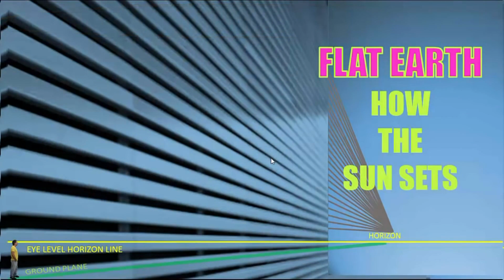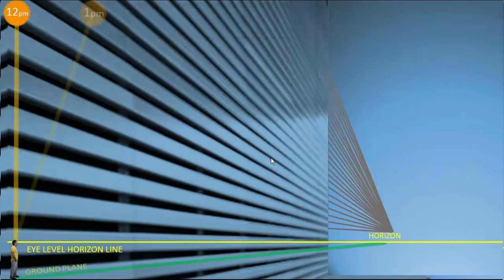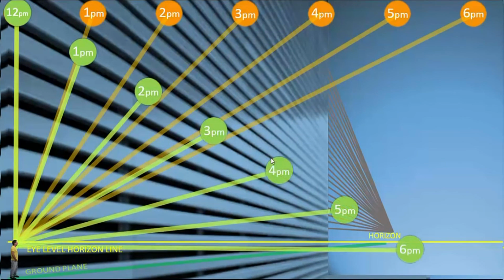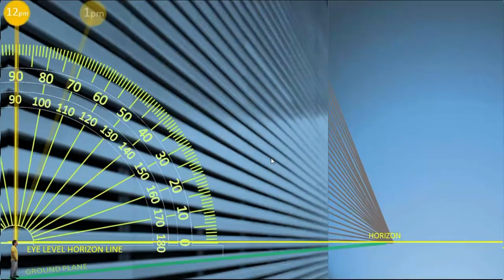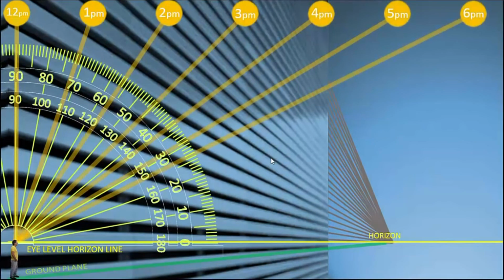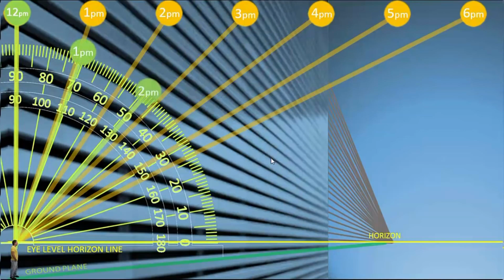Because each one of these lines is parallel to the ground, even though they appear to be converging, and yet they represent different altitudes. So look at their sun. It's traveling higher and higher and higher in the sky. Well, of course it's not going to reach the horizon. This is why they think that the sun would be visible 24/7 on a flat Earth, and why the sun would never get to the horizon. They don't understand perspective.